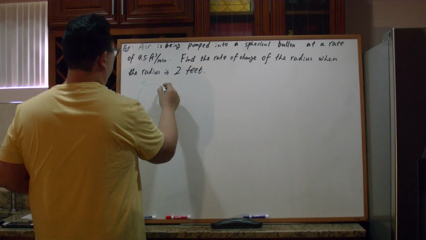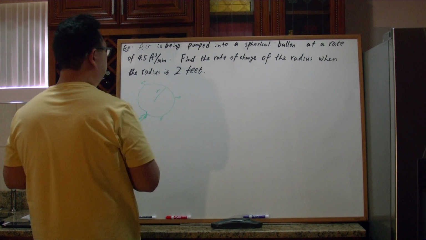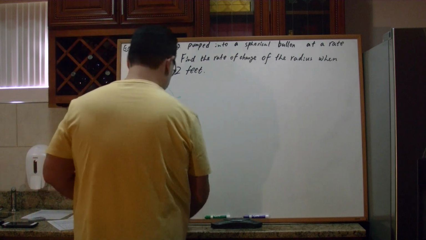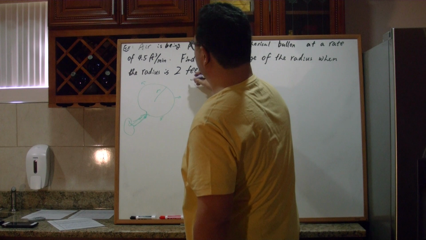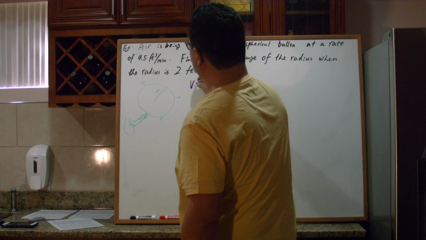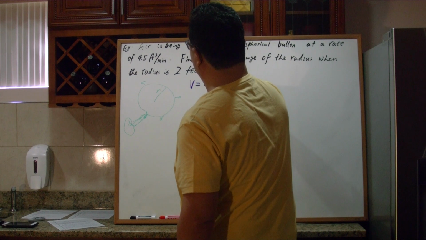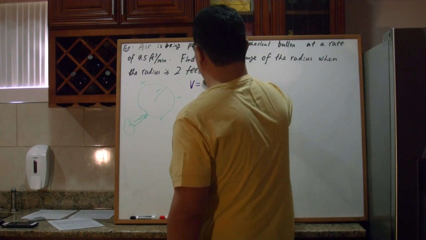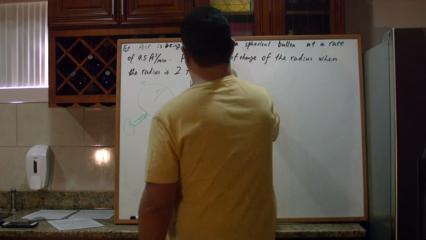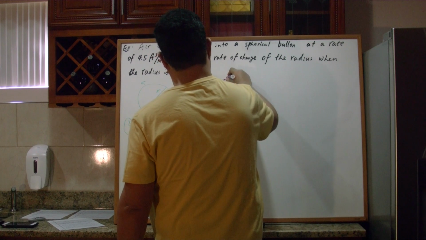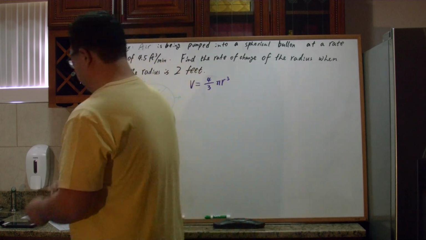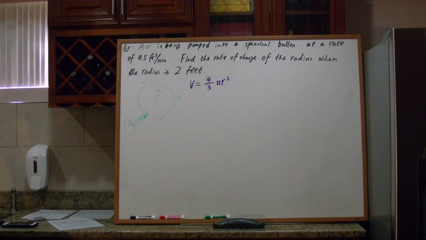Since that is a sphere, we have a radius and we have the volume. We know that the volume of a spherical object is 4/3 pi r to the third.